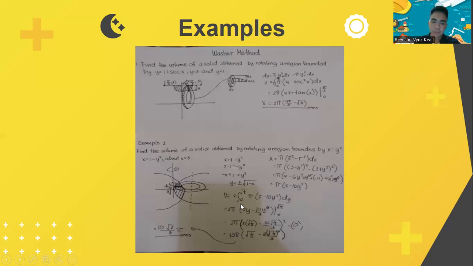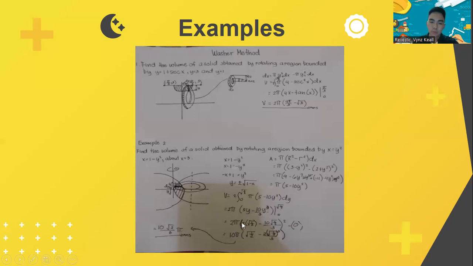Now solving for the volume, V is equal to 2 times the integral of pi times 5 minus 10y squared dy with the limits of 0 to square root of 1/2, equals 2 pi times the integral of 5 minus 10y squared, which is 5y minus 10y cubed over 3, and the limits are 0 to square root of 1/2.